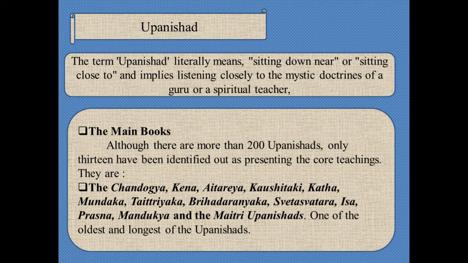These are the important ones among the 108 Upanishads, which include some of the longest and oldest, composed by the ancient rishis.